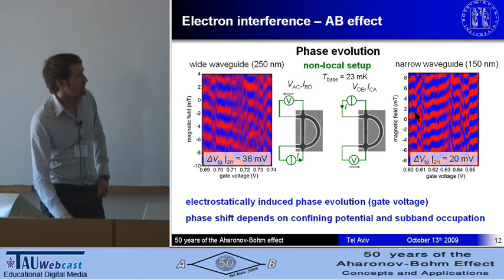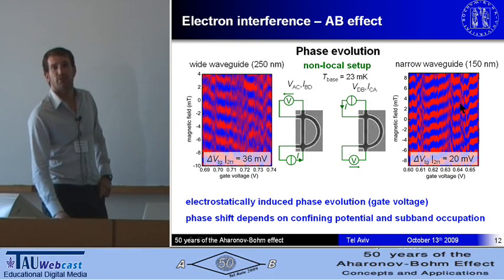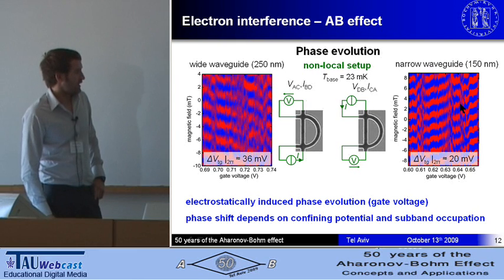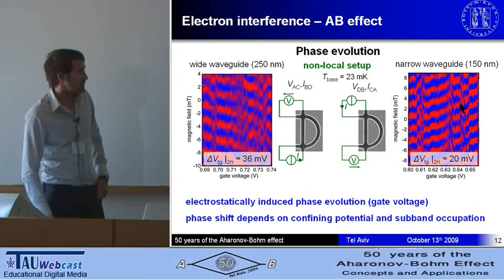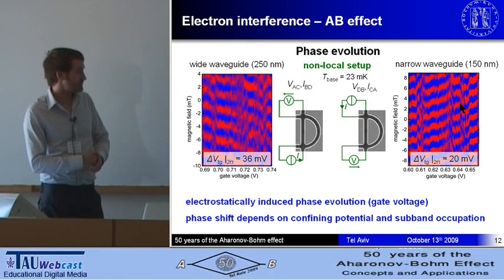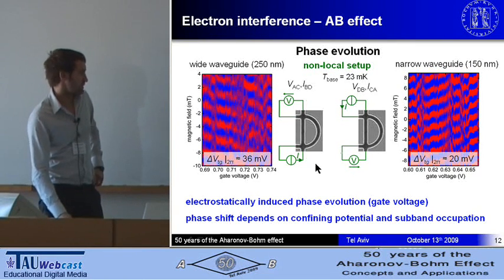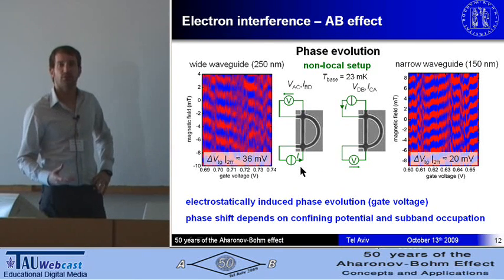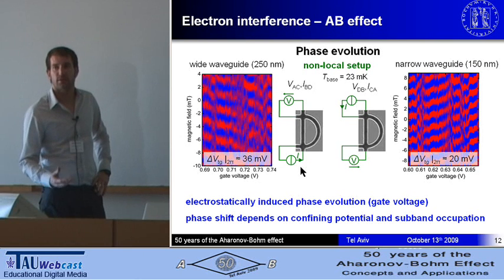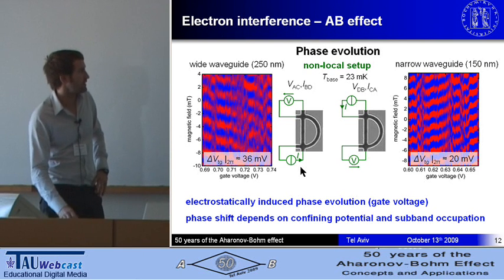But we also see that there are jumps of pi, and we have higher harmonics of the frequency. And the question arises, where does this result from? Does it have to do with scattering in these cross junctions? But before we go to this question, we can state that we can induce a phase shift electrostatically in our device, and that this device does allow for a phase detection.